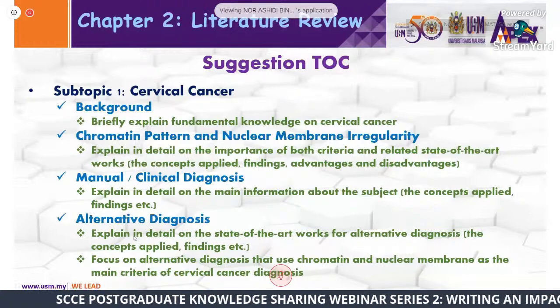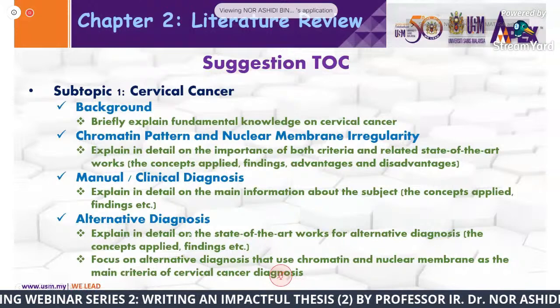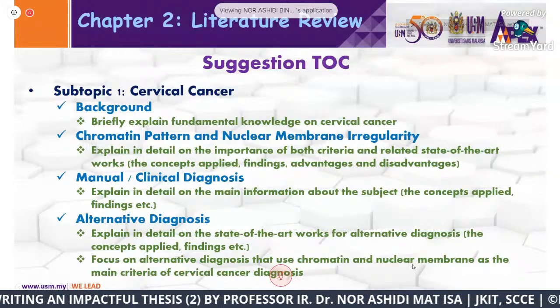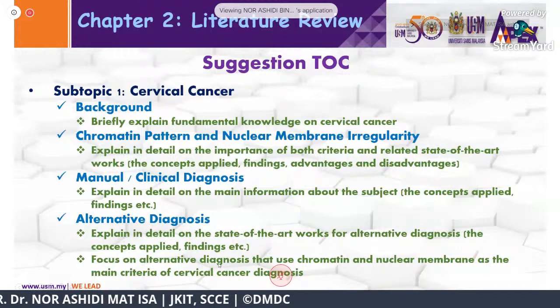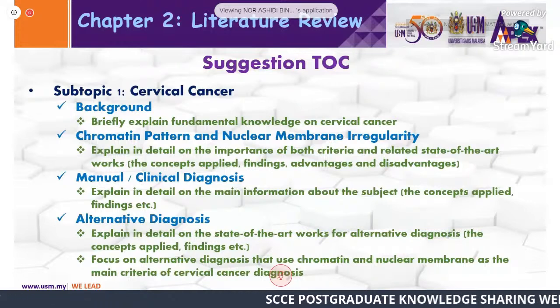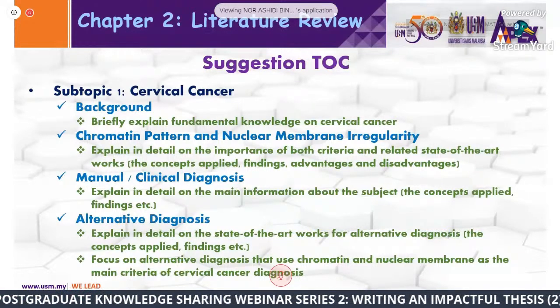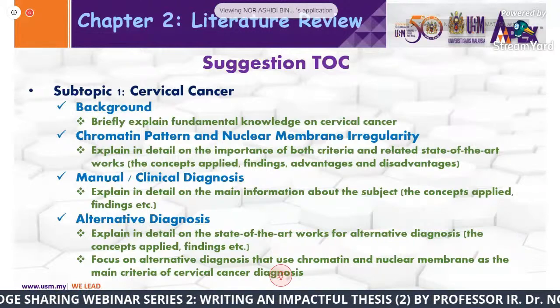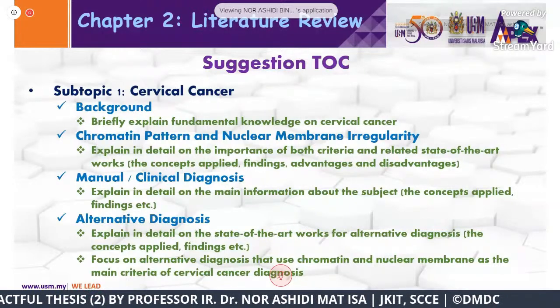So this is more general, and then you must focus. Then you must focus on: is there any alternative diagnosis system that uses chromatic and nuclear membrane? If yes, then you need to clearly and thoroughly explain. If no, then clearly state there is none. Okay, the previous works only focus on other techniques, and they are not focusing on the chromatic pattern and nuclear membrane.